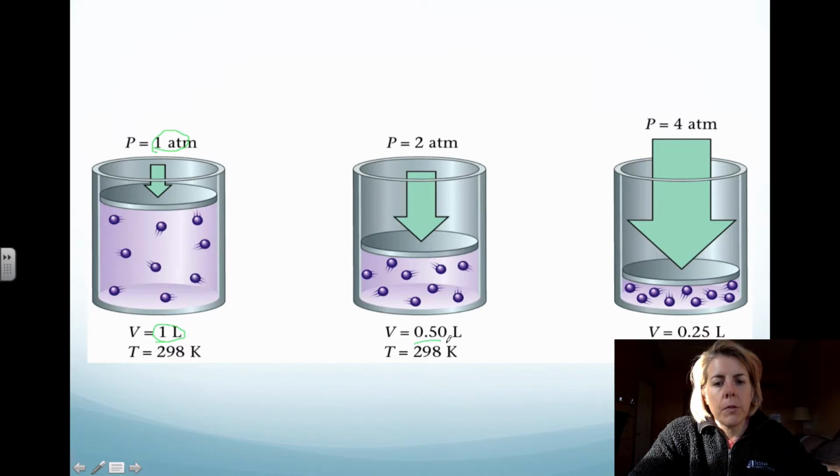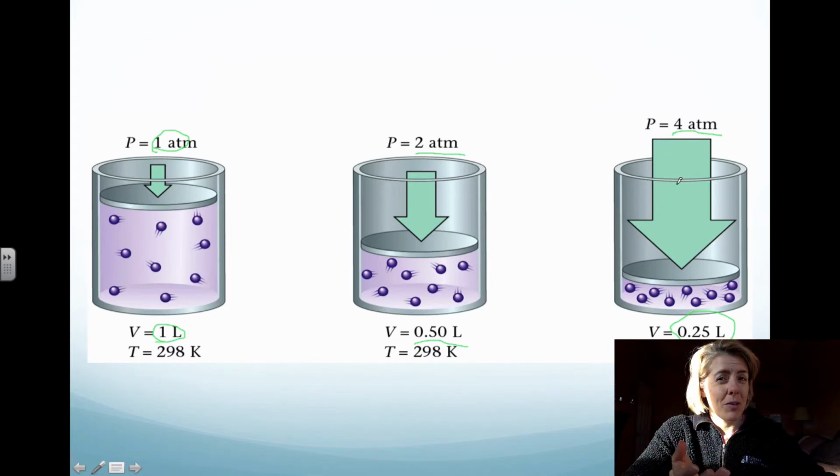If you reduce the volume by half, you increase the pressure. If you go to a quarter of the volume, you're quadrupling the pressure. So the smaller the volume, the higher the pressure. That's what I was doing with the syringe. I was changing the volume, and as a result, the pressure was changing. When I increase the volume, I should decrease the pressure.